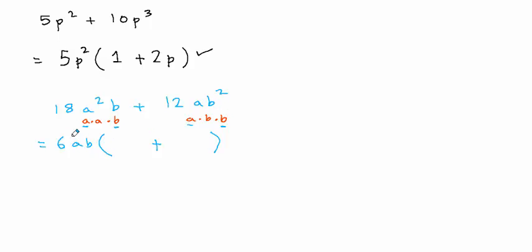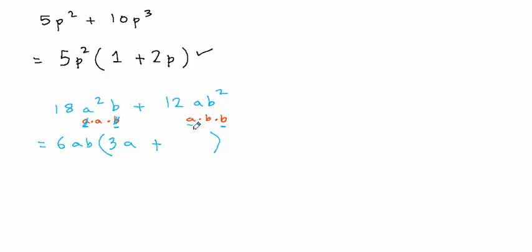Now if you take a 6ab out of 18a squared b, 6 times 3 is 18, write down a 3. Now if you take a out, imagine taking this a out, and if you take a b out, imagine taking this b out, what's left from a squared b? We only have a left, so I'm going to write a over here to make this term 3a.